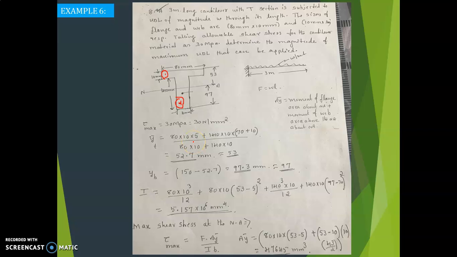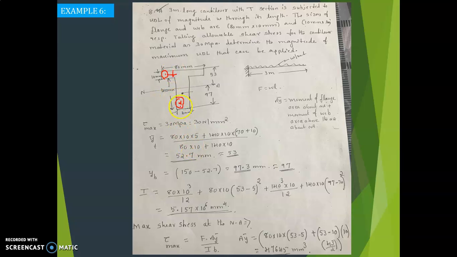It is the distance from the CG of that section to the neutral axis. My neutral axis is here, so the distance from here to here is 10 divided by 2, that is 5. So 80 into 10, that is the area, into 5, that is Y.